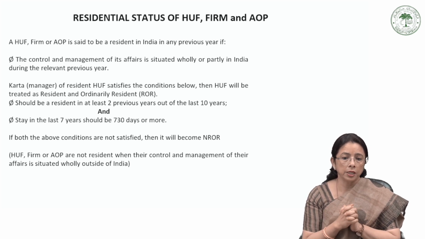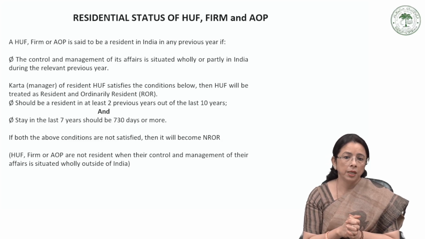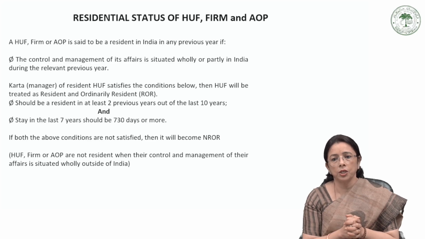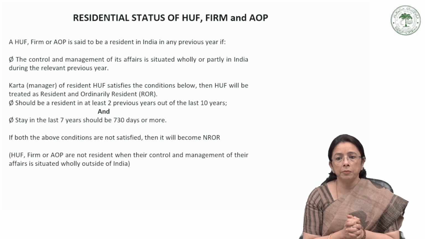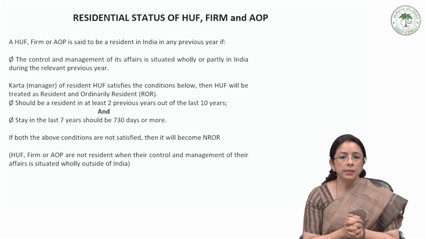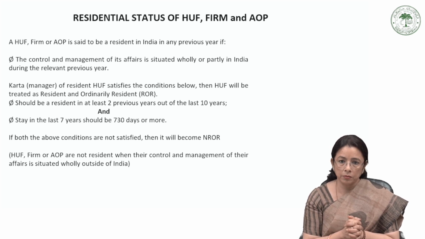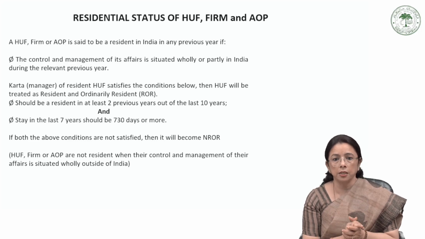To begin with, before we go into the conditions, let us understand the legal basis for determining the status. The determination of the residential status of a Hindu undivided family, a firm or AOP is governed primarily by the provisions of Section 6 Para 2 and Section 6 Para 6 Subpara B of the Income Tax Act 1961.